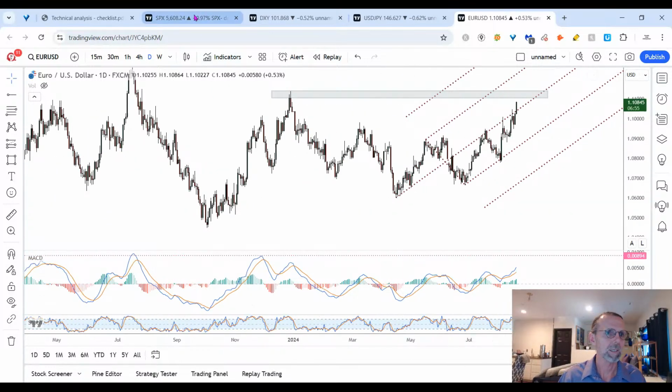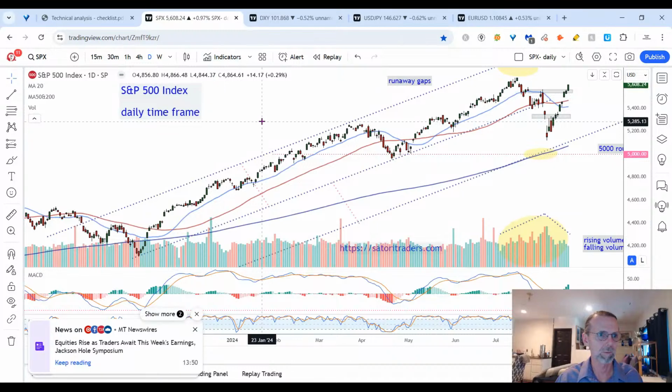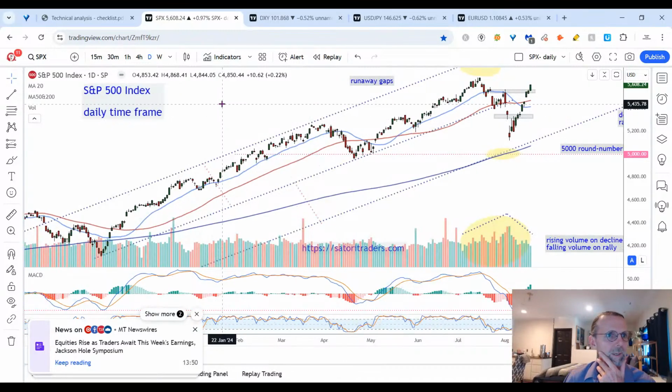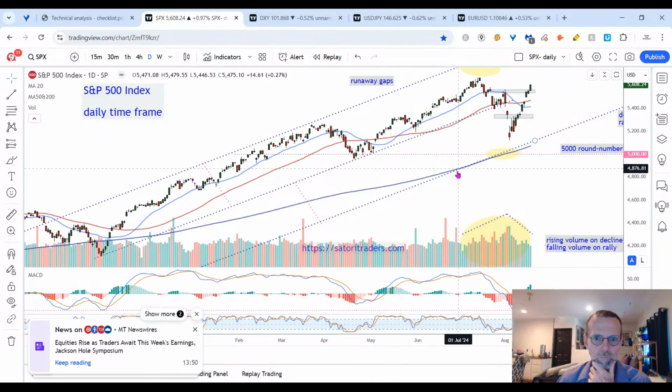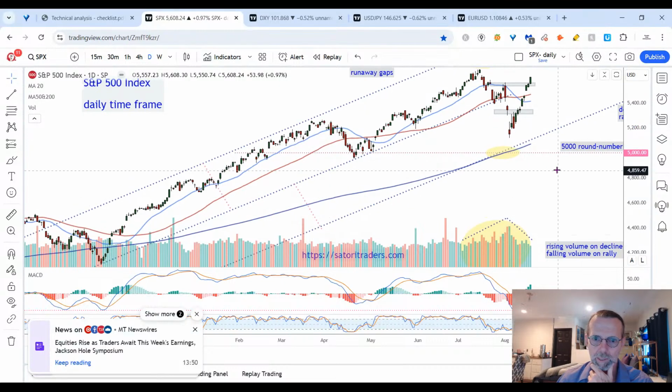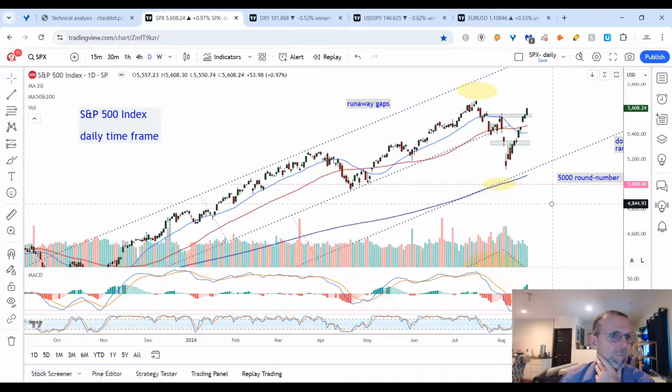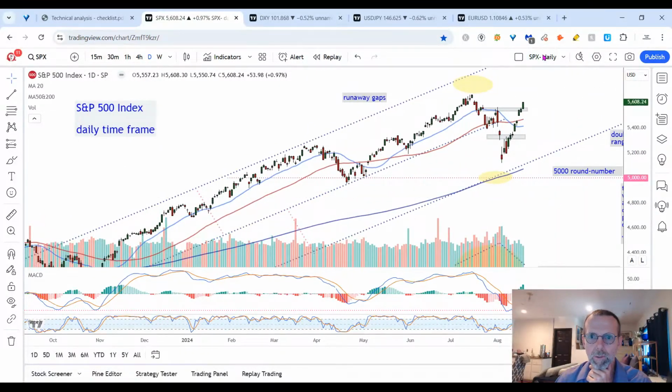Let's see. So I am going to return to the equity markets because they are interesting at this particular juncture, because I'm still of the opinion that this is just a counter trend movement. It's a strong counter trend movement, and maybe I'm just holding out too long.